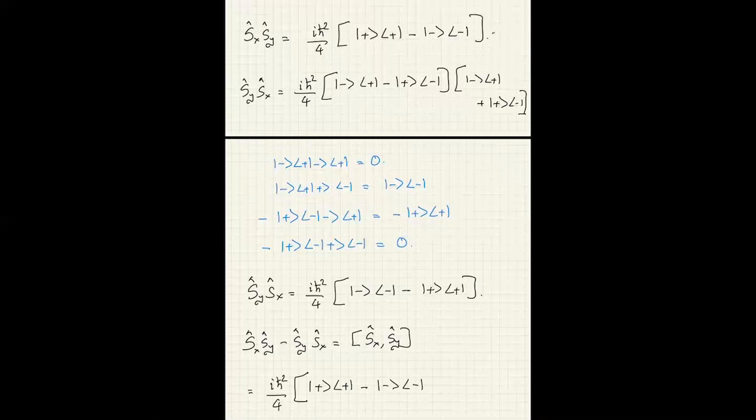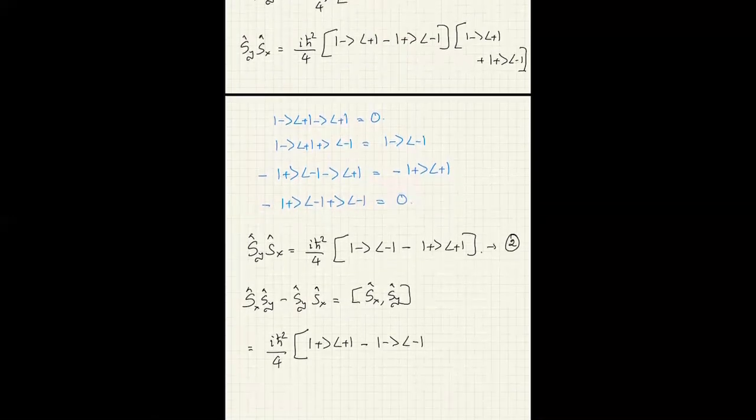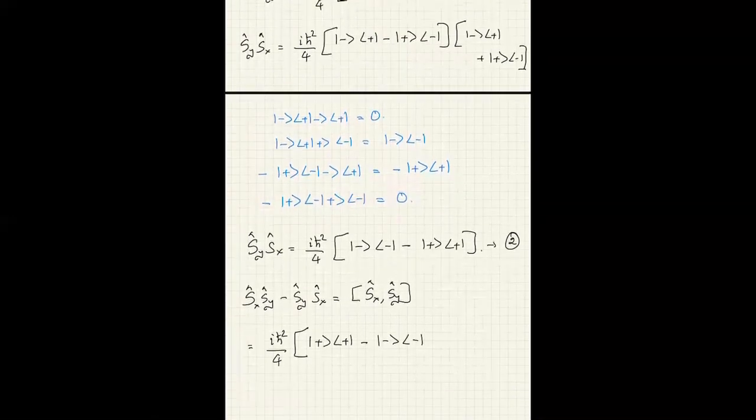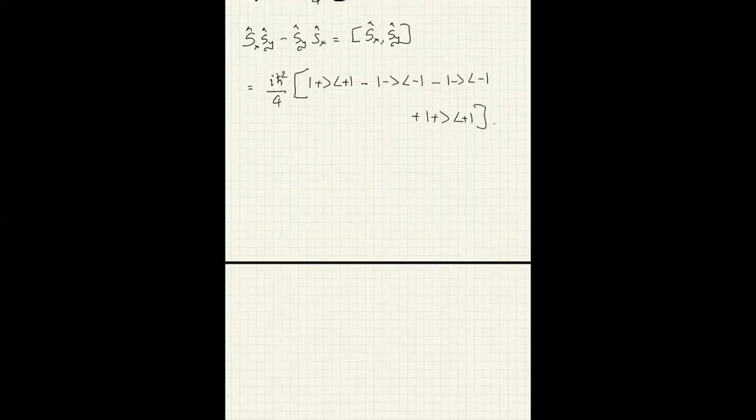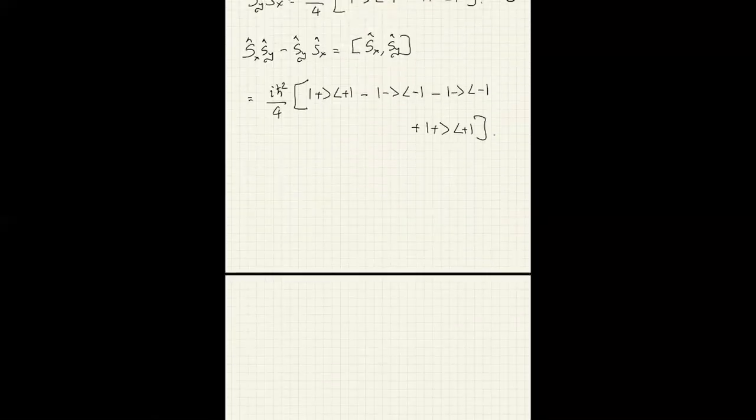So this is equation 1 and this is equation 2. So I'm doing 1 minus 2. Okay. So if I took minus 2, then the first term would be minus minus minus, and minus of minus is plus. So this is plus this.